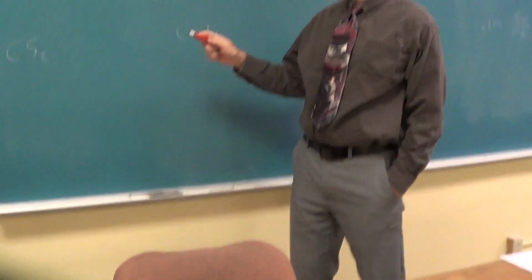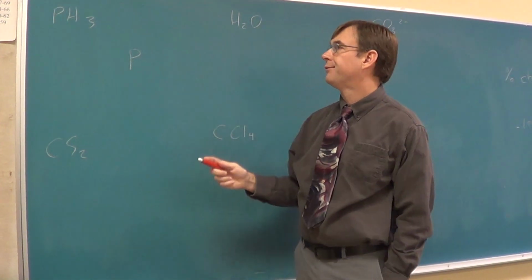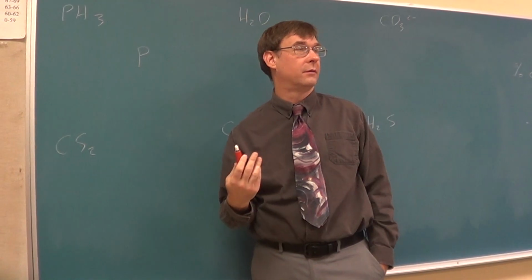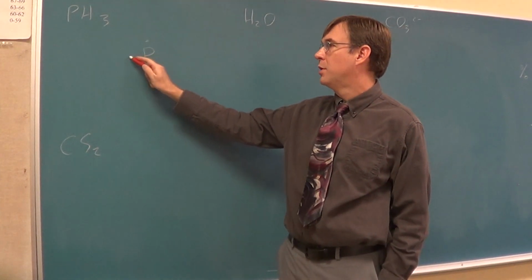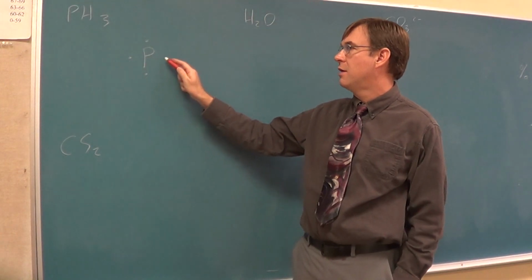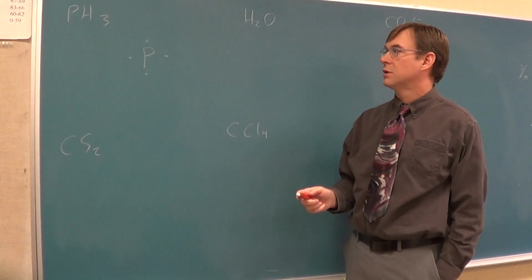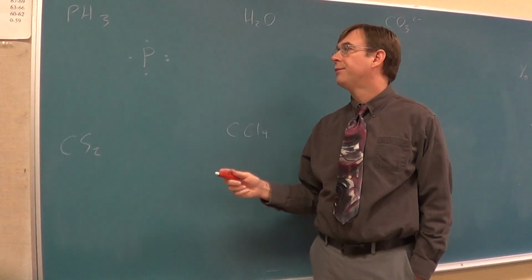So PH3, who's going in the center? P. How many dots does P have? 5. How do we know? It's Roman numeral 5. And because we're building experience, you might just start to know some of these things. So if I do 5, I'm going to go single, single, single, and somewhere put a double. Doesn't really matter.